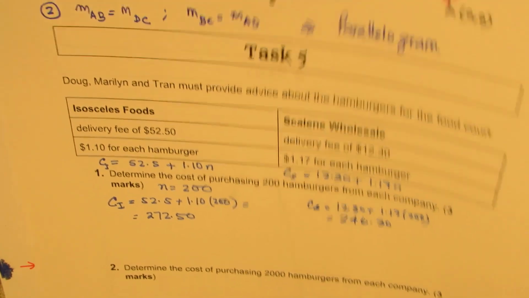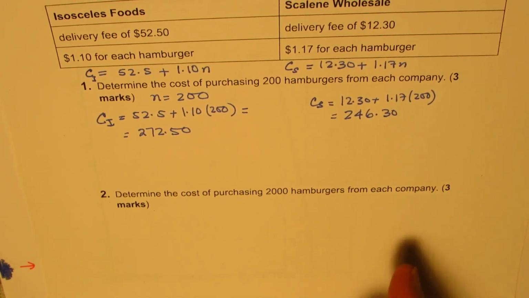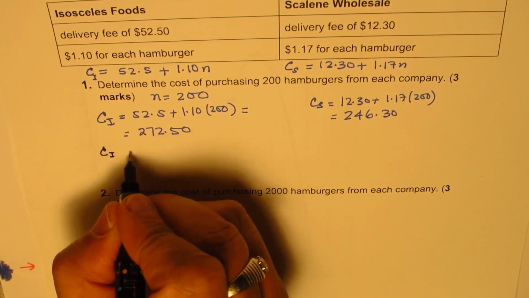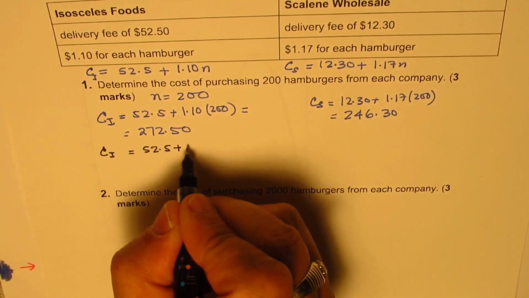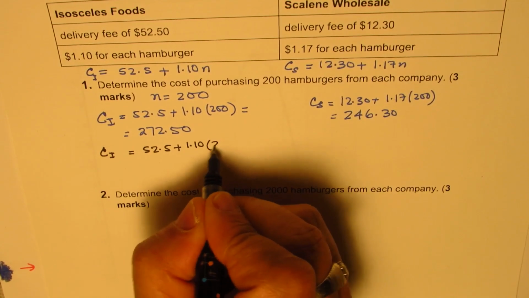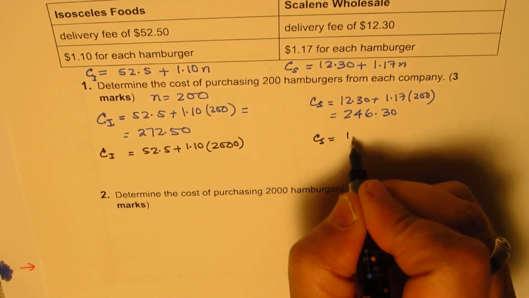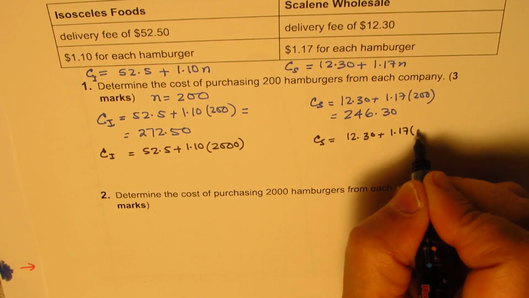Now part B, question number 2 is, determine the cost of purchasing 2,000. So let's figure it out for 2,000 here itself. When n is 2,000, it will be 52.5 plus 1.10 times 2,000, and 12.30 plus 1.17 times 2,000.